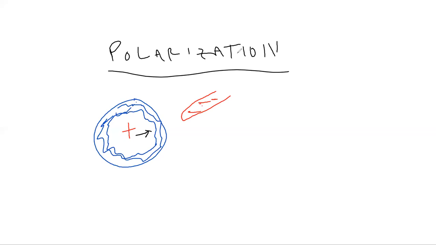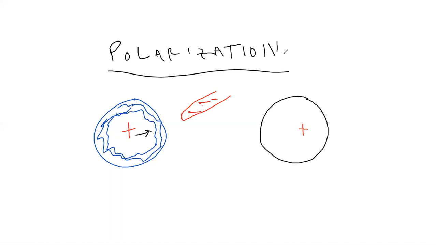And the negatives are going to be repulsed in the other direction. And so what we have within the object is a rearrangement of things. That positive that was in the center is now going to be off to the right a little bit.